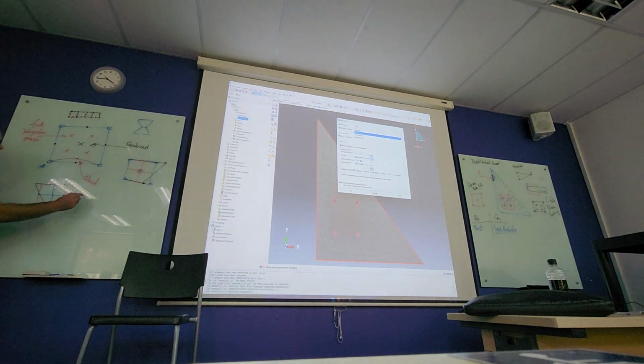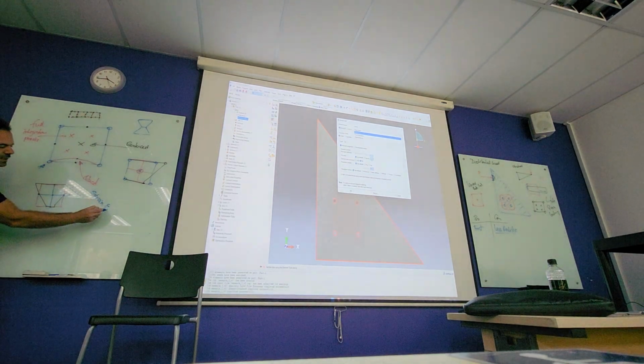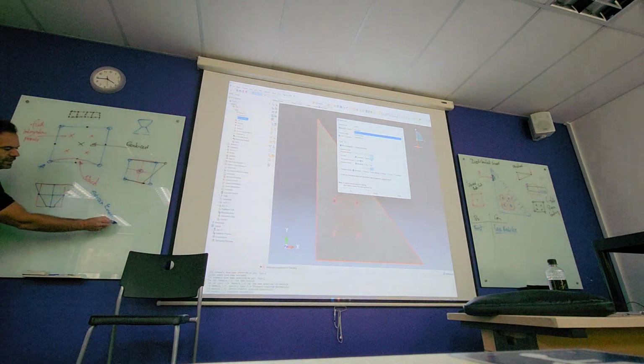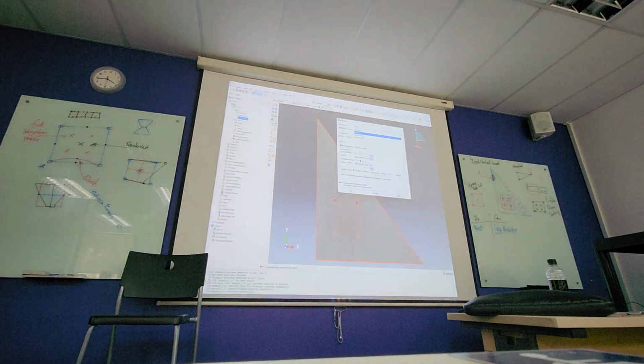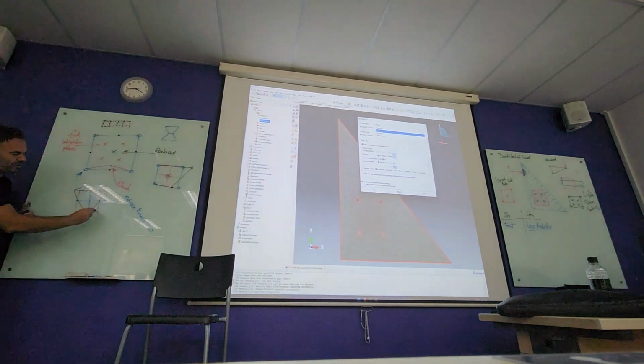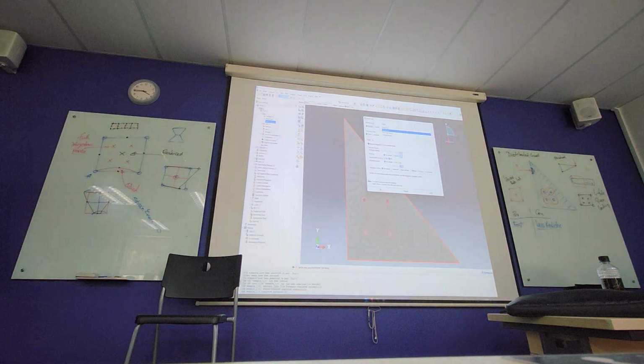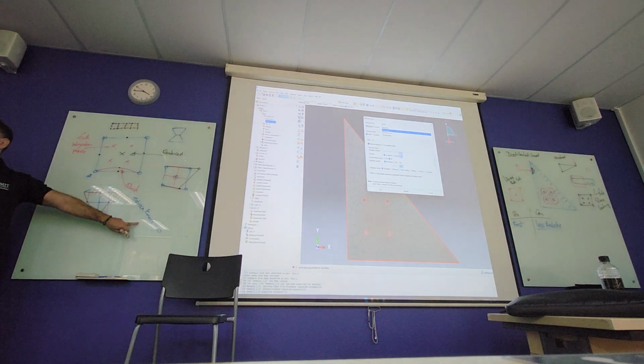Therefore, Abaqus says strain energy equals 0. Although the element has deformed, it deformed because it can't do curvature. If you had the option to deform to curve, it would probably look something like that. But because it's linear, I cannot do that. So Abaqus will detect 0 strain energy.